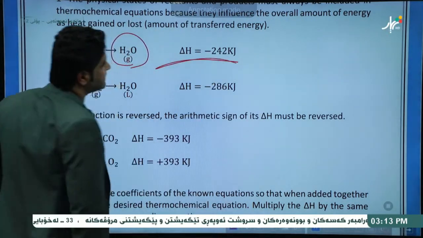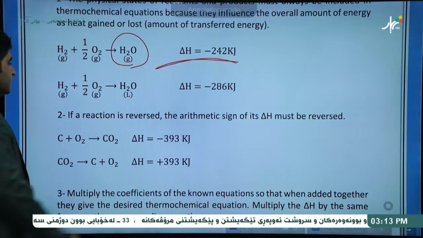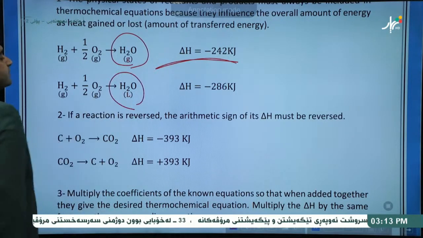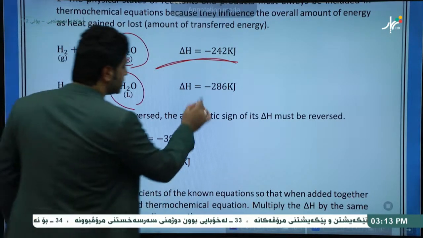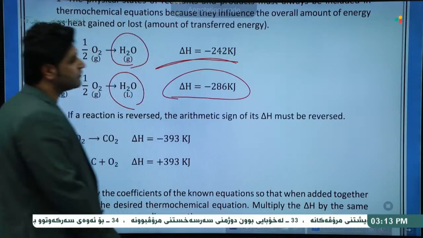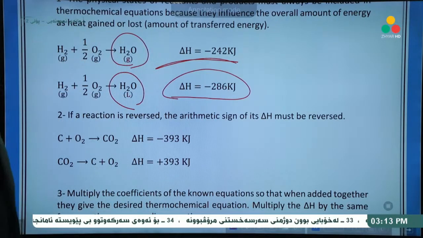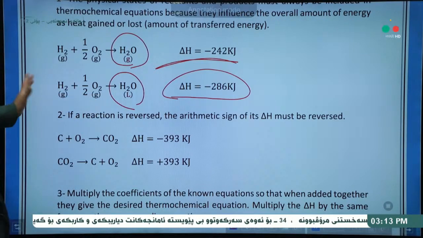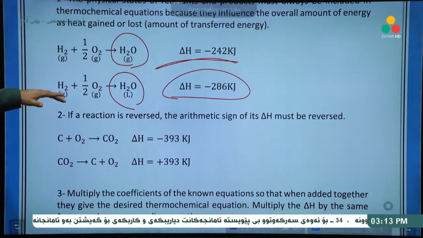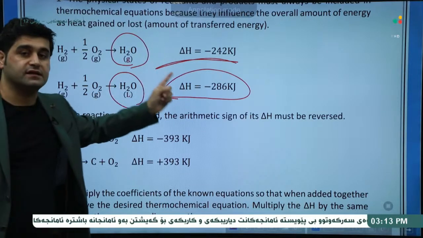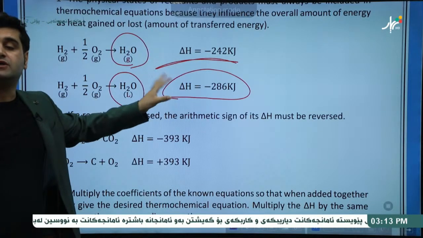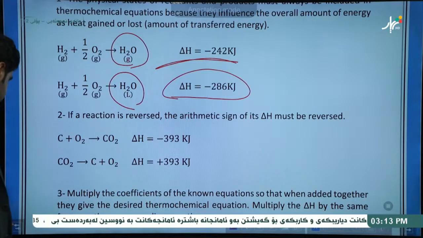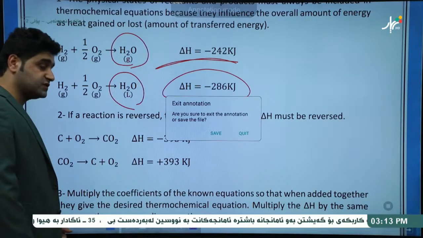Delta H is negative 242 kilojoule. But here we prepared liquid water. Delta H changes from 242 to 286 kilojoule. Now clearly we can see that the physical state can influence the value of delta H. That's why it should be mentioned: gas, liquid, or solid.